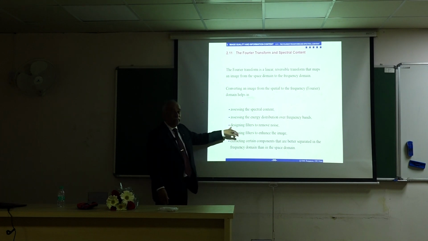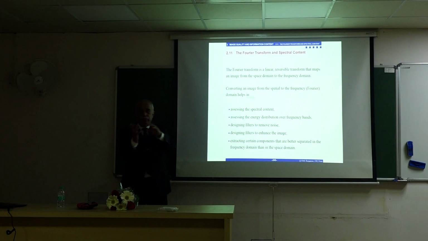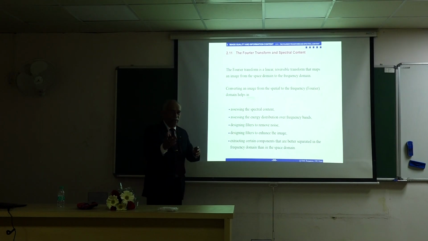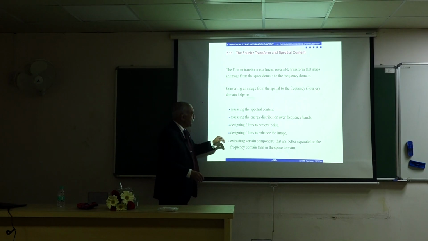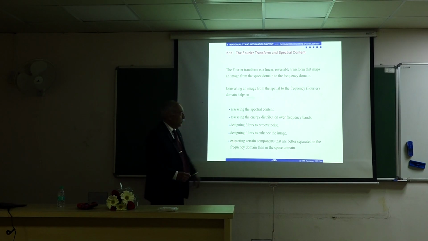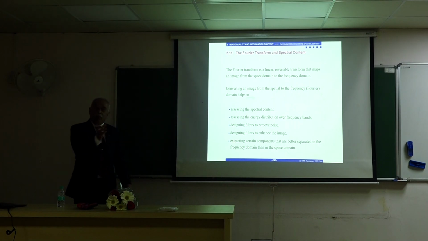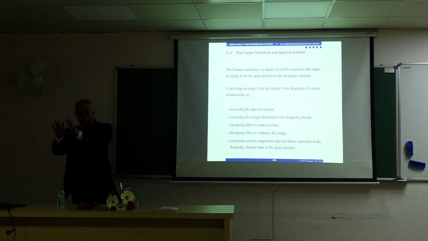If you want to design filters, you need to know the bandwidth of the signal and noise, which part you want to conserve and which you want to reject, to remove noise or enhance. To enhance, you need to know which band is of relevance in terms of the details of interest. Extract certain components that may not be separable in the image domain, or the time or space domain, but hopefully can be separated in the frequency domain.